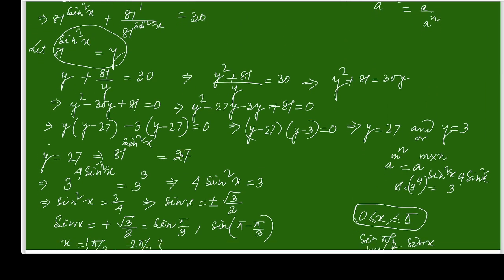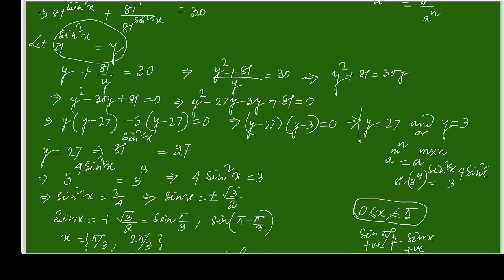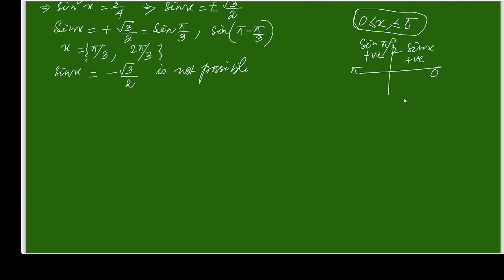Let me go back. One was y is 27 and the other was y is 3. 27 we finished. Then I will go to y is equal to 3, second case. Y is equal to 3 means 81 to the power sine square x is equal to 3.